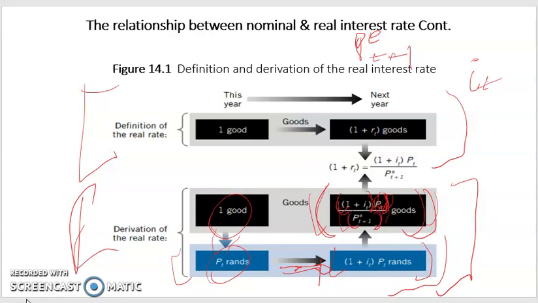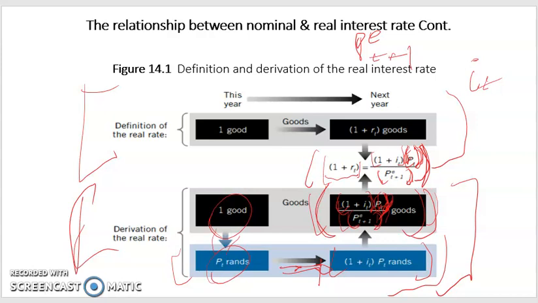Hence, we divide by the expected price, or the difference in prices between the two terms. This is also shown by this curve. So we are saying the 1 year real interest rate is equal to the nominal interest rate adjusted for price: the nominal amount divided by the expected price.